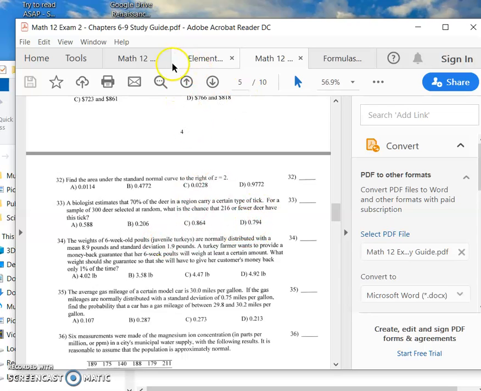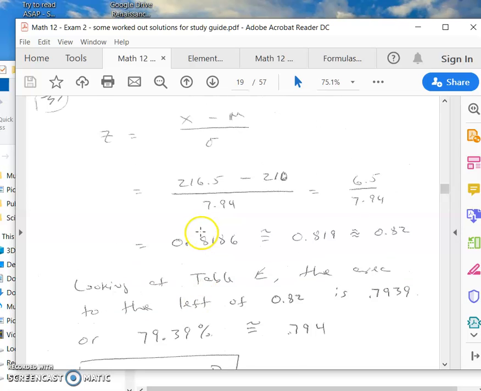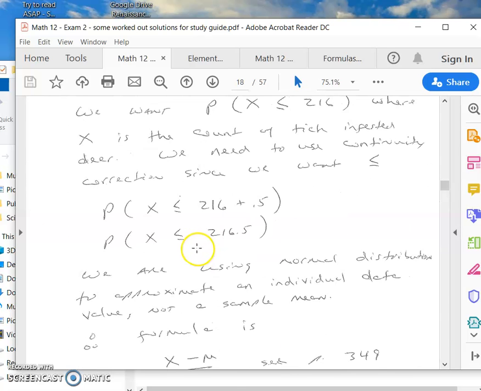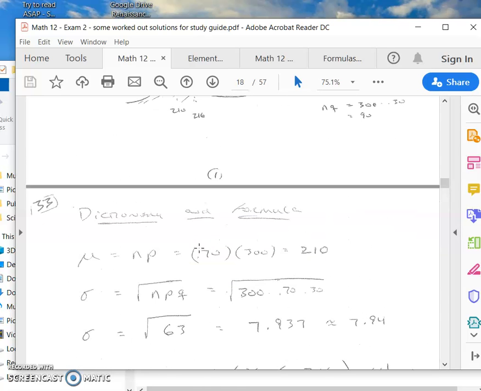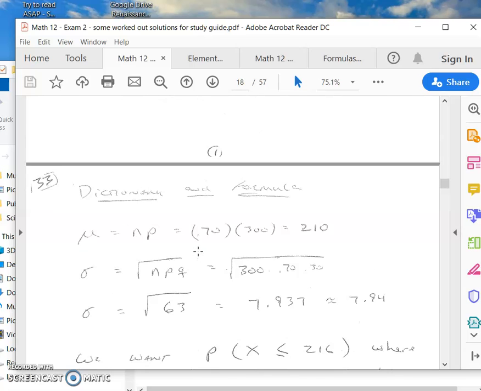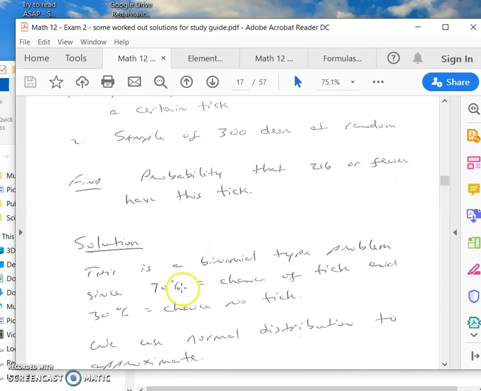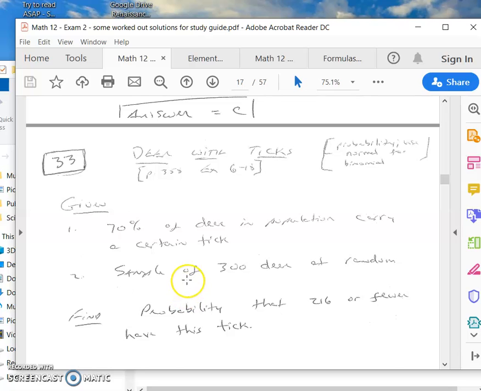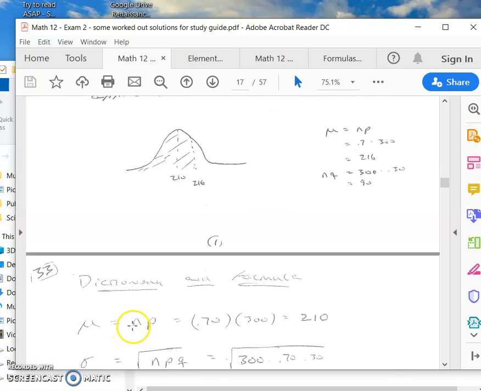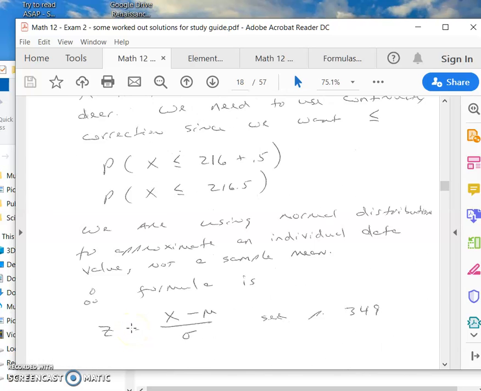Okay, so let's just get the big picture here. Whenever you have a problem where you start out with data values that we normally call X, that's my random variable, if I need to transform the X into a Z value, I just use the formula. It's very straightforward.